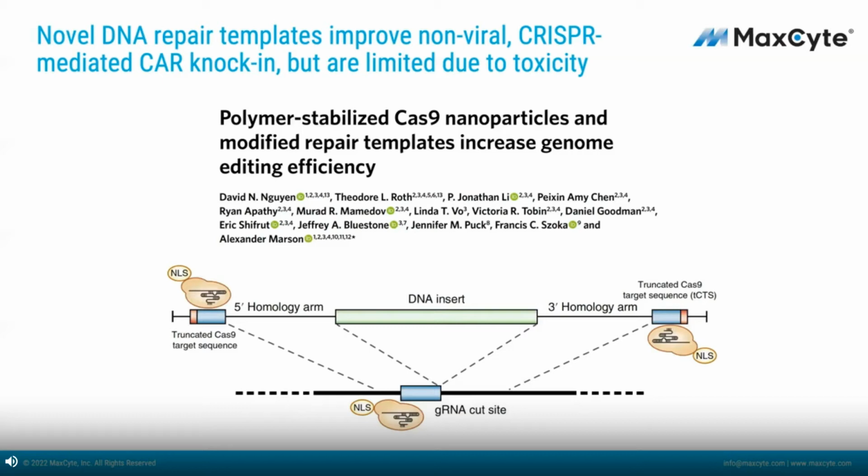And overall, this limits the efficacy of this approach because you are essentially at a hard cap for the amount of DNA that you can deliver for the homology-directed repair.